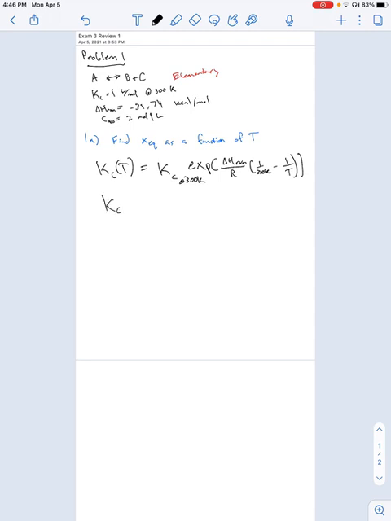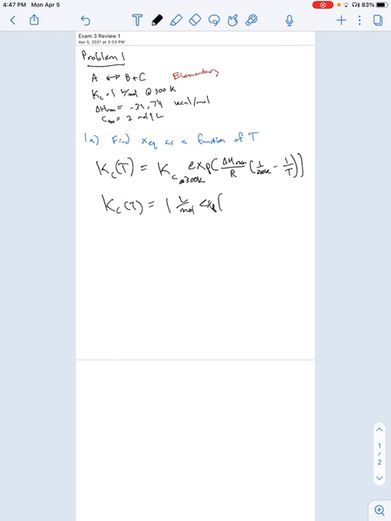We have that Kc at 300 Kelvin equals 1 liter per mole. And we're going to convert our heat of reaction to calories per mole instead of kcal, just so we can have easy conversion with our gas constant.